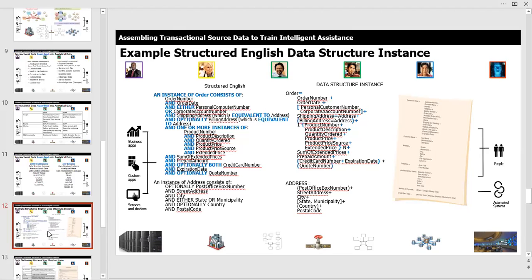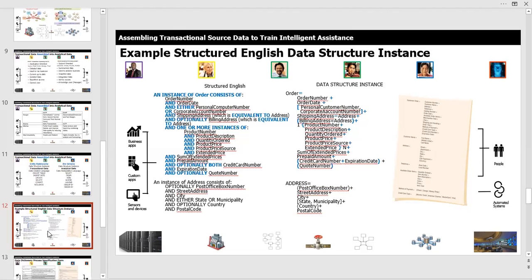And I do this exercise also in the requirements class, because a lot of times we see things on the right-hand side, that's the technical way you write it: order equals, order number plus, order date plus, and then you see these brackets, and there's different kinds of brackets, and they actually have a meaning. So what I did was I took that data structure instance and I rewrote it in structured English.